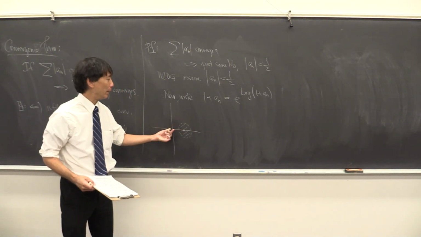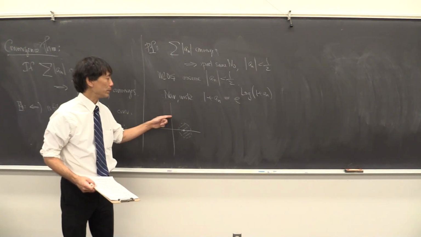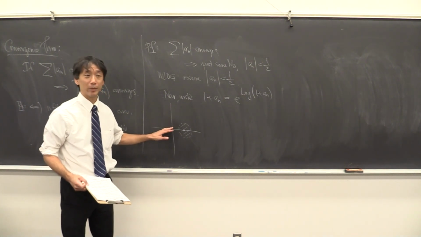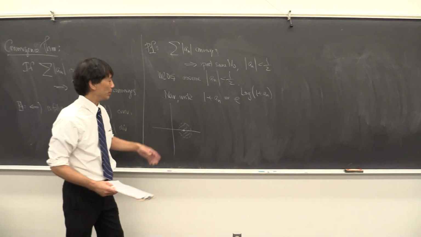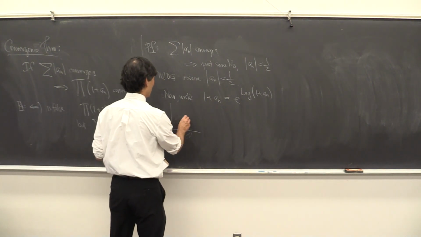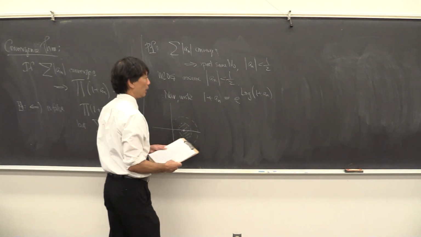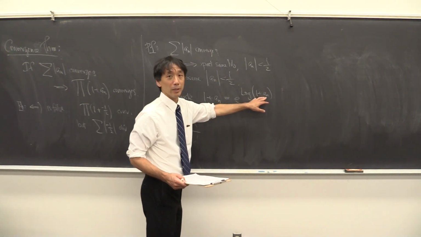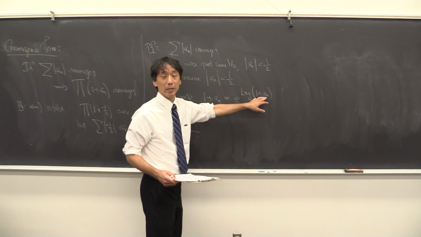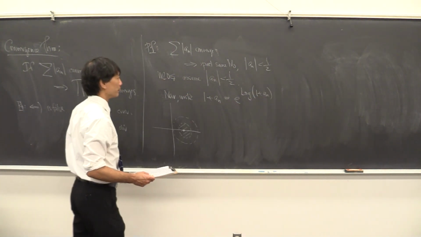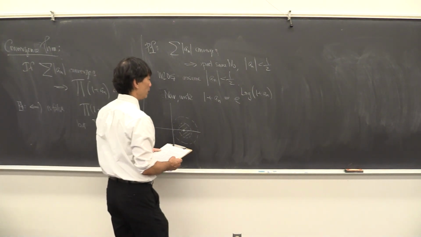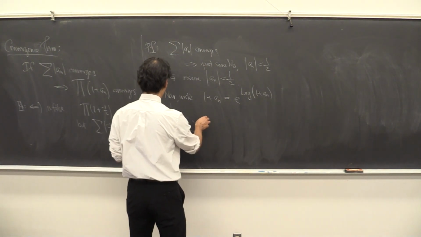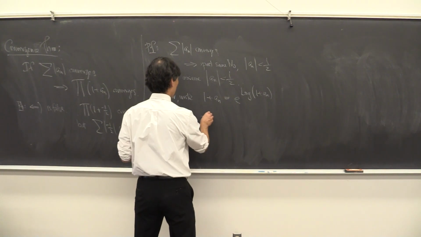We don't have to worry about terms that go around or something like that, right? They're all inside here. This makes sense as long as a sub n is smaller than 1 in size. Right. Okay.